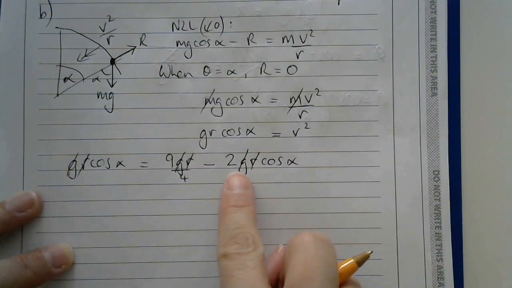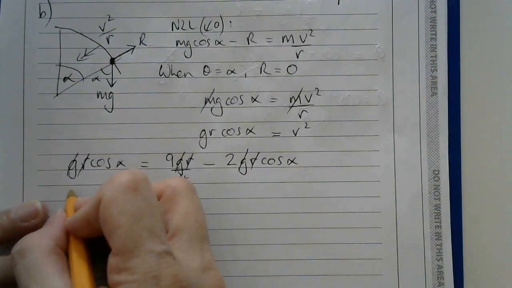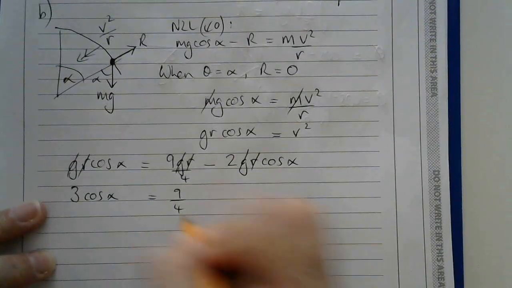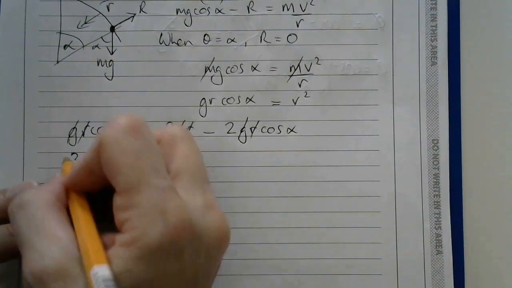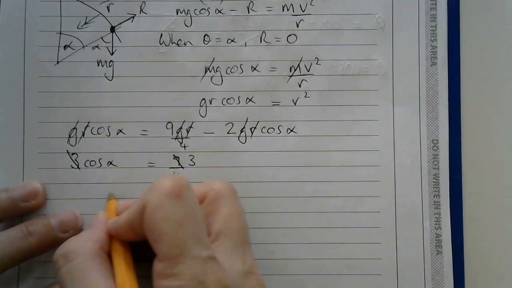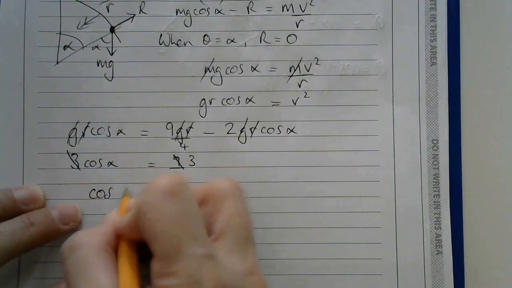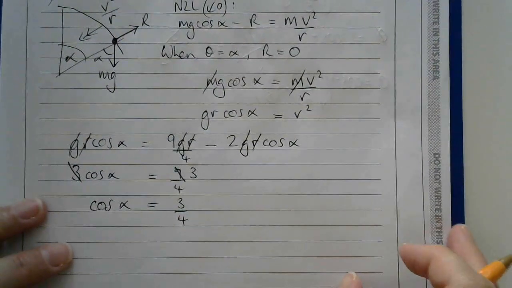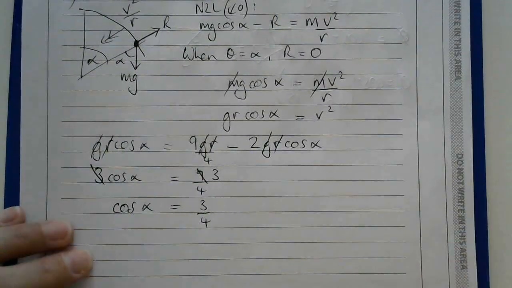I can add 2 cos alpha to both sides, and so then dividing by 3, I end up with cos alpha is 3/4. Okay, so that is part B.